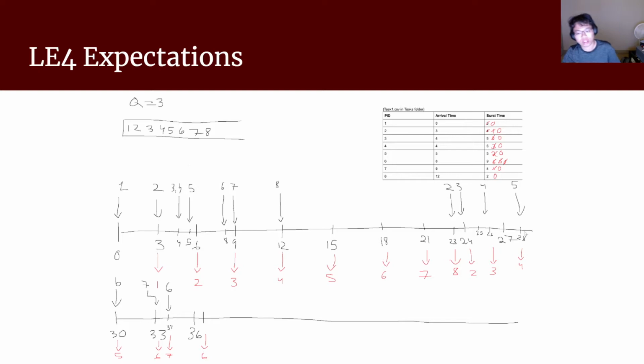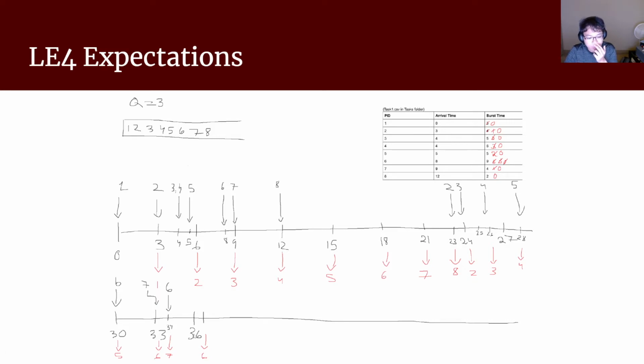It takes about 2 seconds, so it will be done at 31st, not 30th, 31st. Sorry, this should be +1 here as well. So at the 31st second it gets kicked out, and 6 comes in and does that.